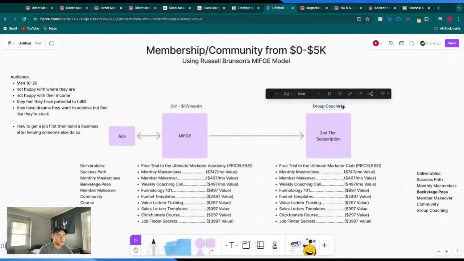Then this one, we can price it pretty high, I'd say. I'd probably want to do something like $47 and up. I just don't want to make it too cheap because I feel like there's going to be an extreme amount of value coming out of this.